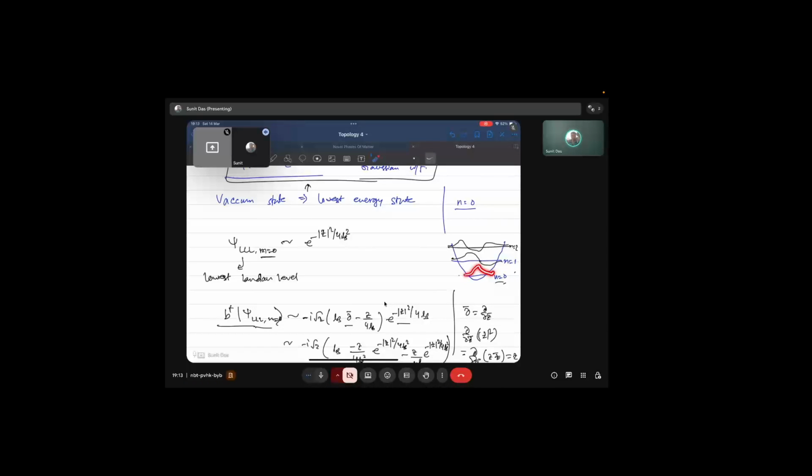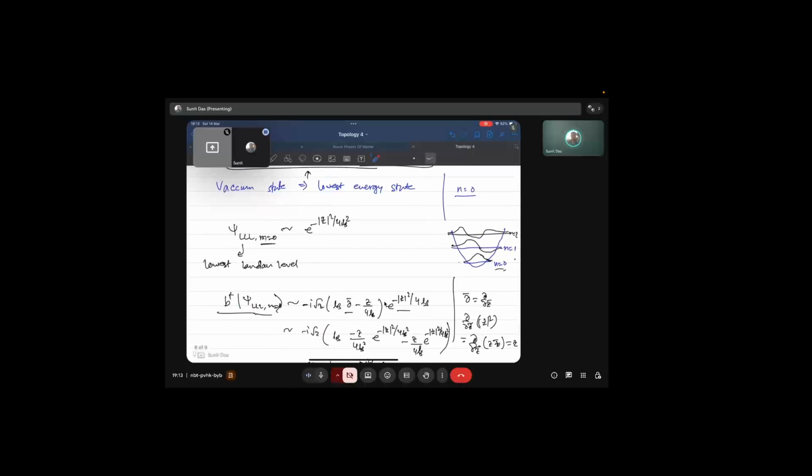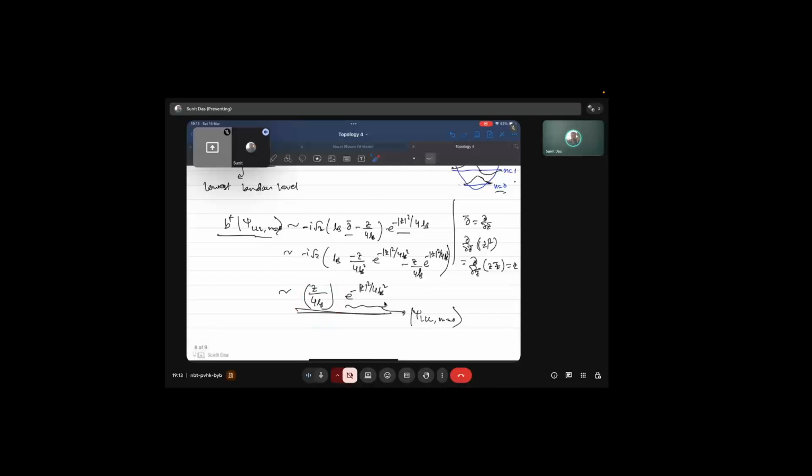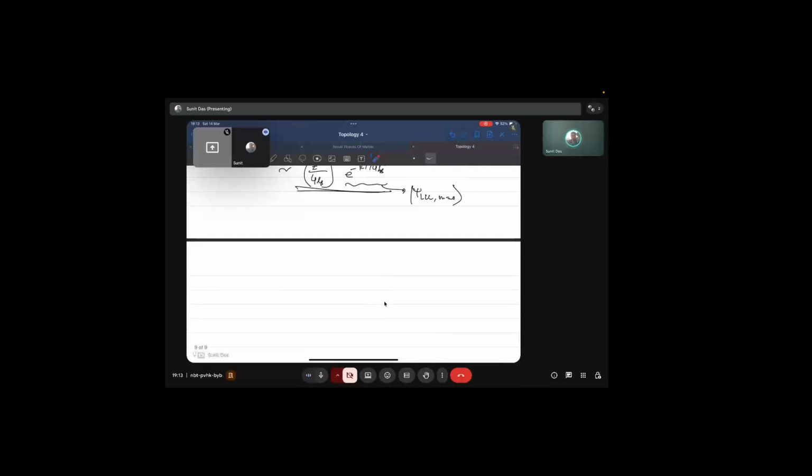It just peaks. Now, because there is a z, if you assume that this is along the z direction, then at z equal to 0 there will be a 0. So this is the 0, exactly like the harmonic oscillator case.